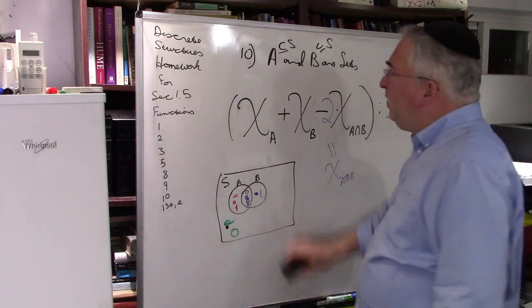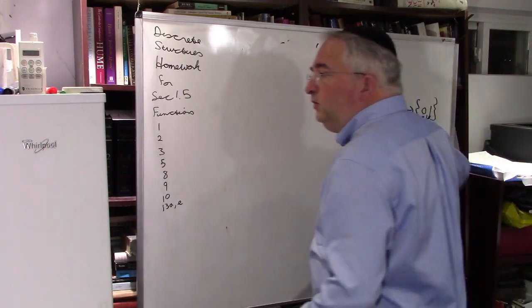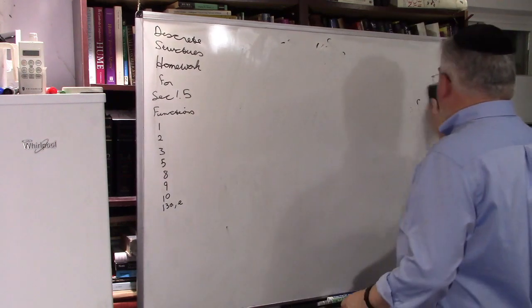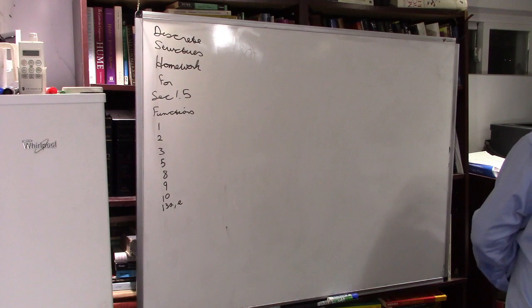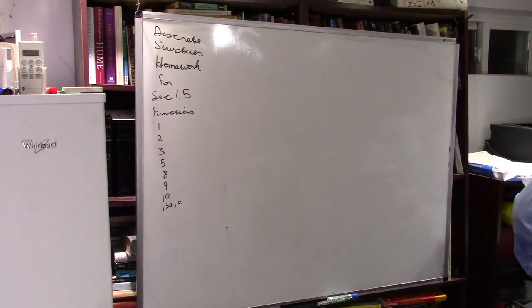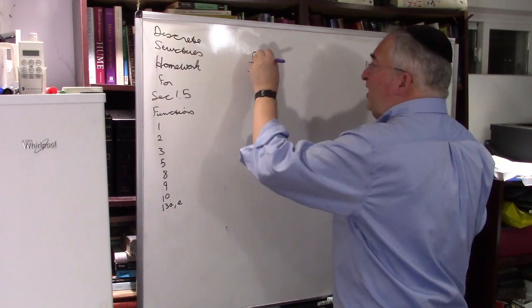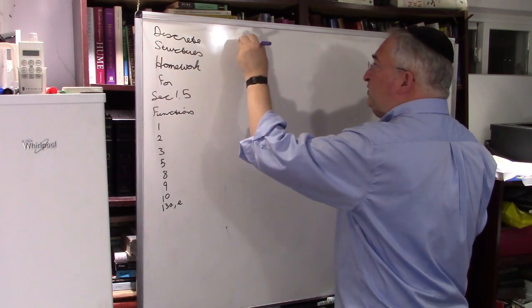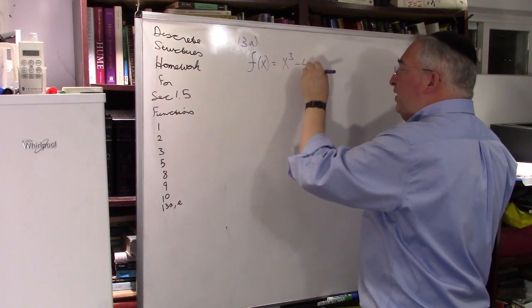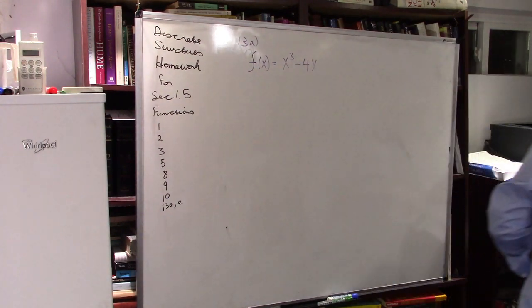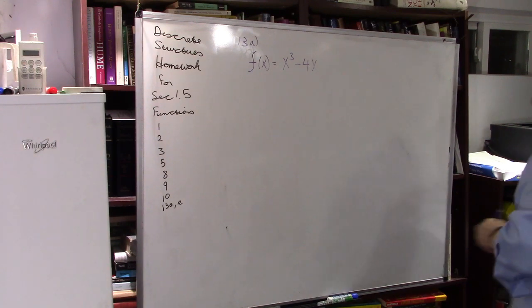Great. Let's do 13, A and E. So 13a, f is a function, f of x equals x to the third minus 4x. And what they want you to calculate is f compose f.